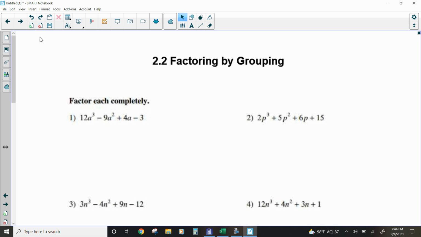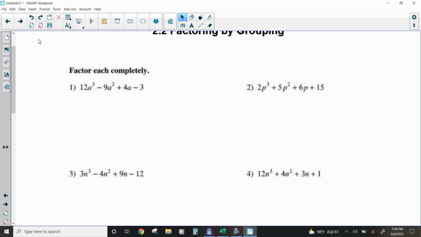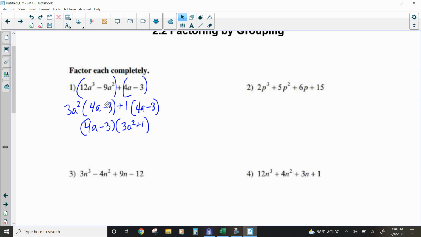Okay, so on the next page, I've got a few problems that we can practice. I'm actually going to have you practice, so you can pause the video, and then I will reveal the work and the final answer. So for problem 1, if you pause now and unpause when you're ready, here's the answer. Problem number 2, go ahead and give it a pause and then unpause when you're ready.